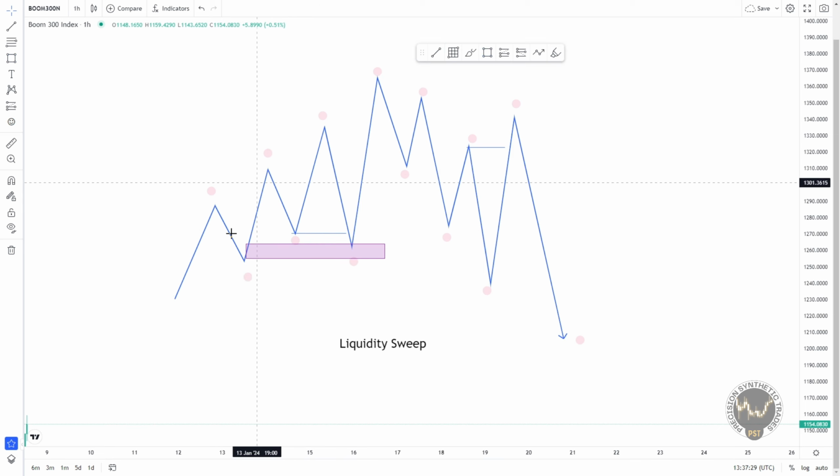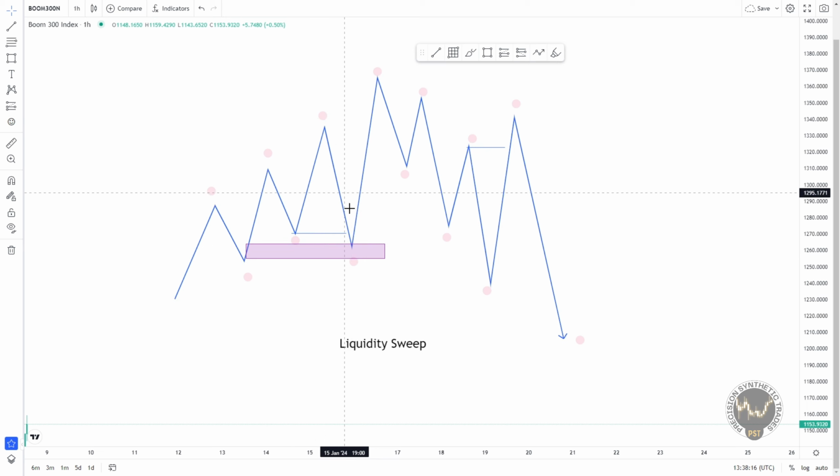Price never came back to our point of interest and created a new one. Because this was a strong move, this low never retraced to our point of interest, so we're going to mark this out as liquidity. Because we are in an uptrend, we need to wait to see what the market is going to do. So we created, for example, an order block or fair value gap.